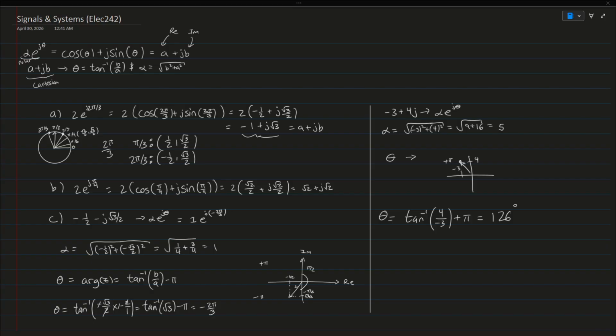You have to do the conversion here, so you know that, for example, 90 degrees is pi over 2, so 126 degrees will give us 126 times pi over 2, and then all this divided by 90. So get 126 divided by 2.